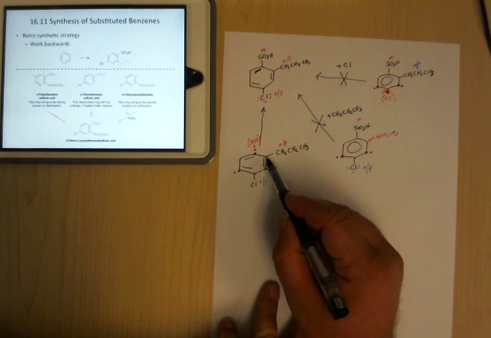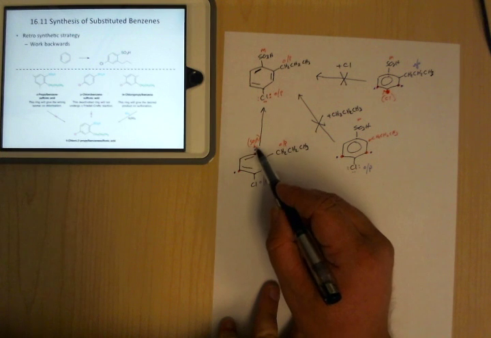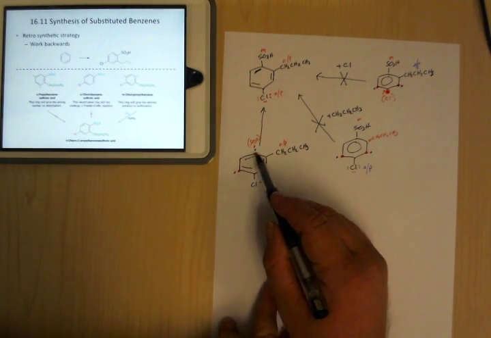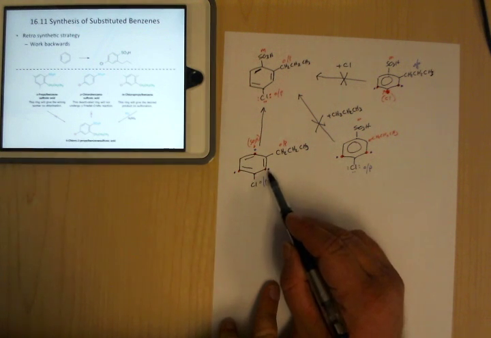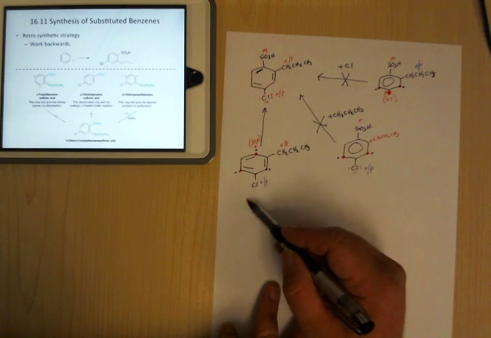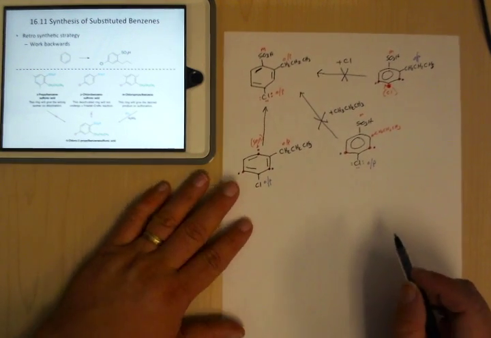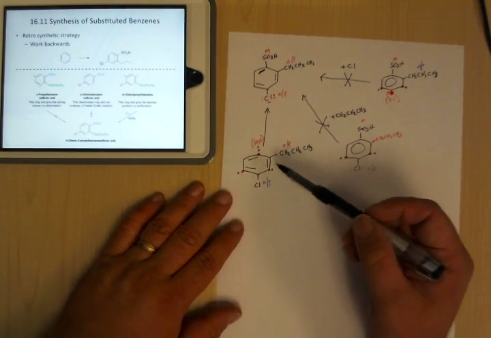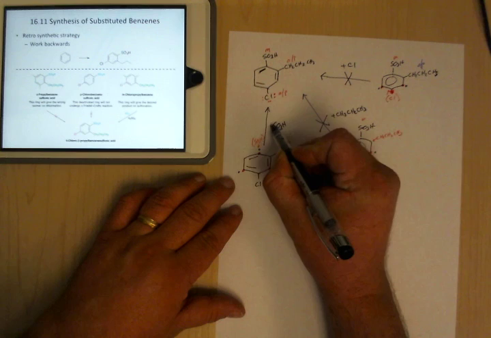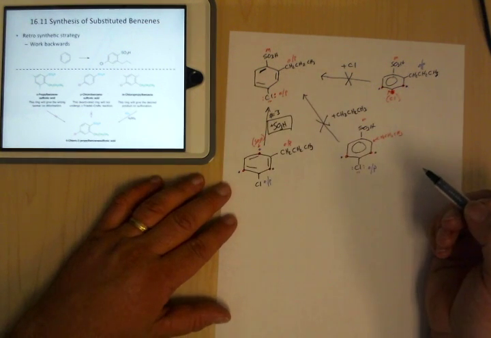These are the only places where we're additive to be able to put the SO3 here. Technically it could go here too, but we can separate those two. It can't go there because the sterics are bad. So we're good. We know what the last step is going to be: we have to make this and then add the SO3H on there. That's going to be step number 3. Great.